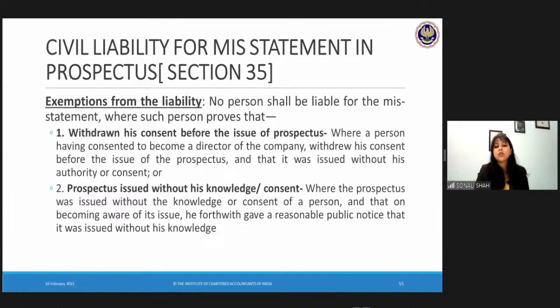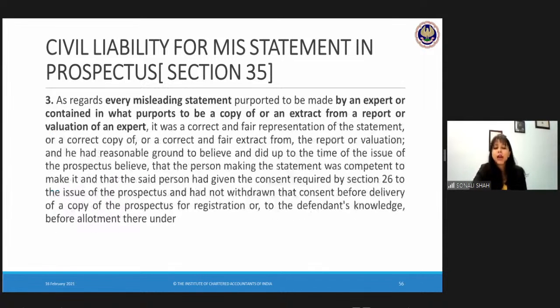So let's say there was a person who had given his consent to become a director of the company, but before the prospectus was issued, he withdrew his consent and the prospectus was issued without his consent. In that case, his liability will be removed. Secondly, where the prospectus was issued without the knowledge or consent of the person, and when he became aware of its issue, he gave a reasonable public notice that it was issued without his knowledge, then also he will not have a liability.